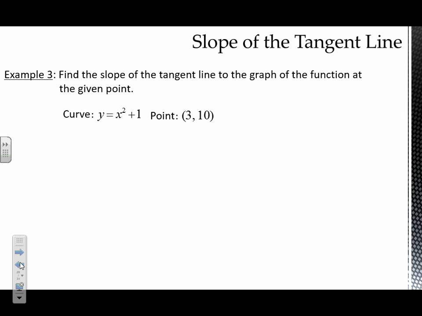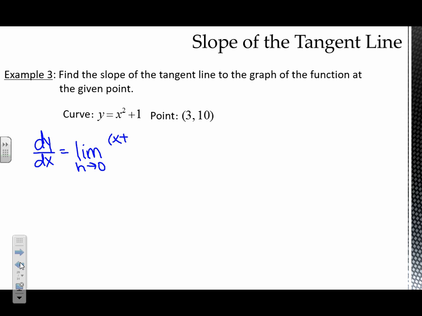I'm going to use one of our alternate notations. dy/dx also means derivative. It is the limit. Do you want me to use delta x or h? h. Okay, I will use h.